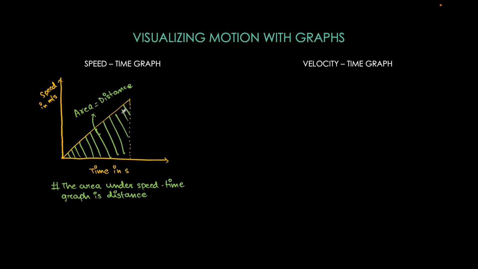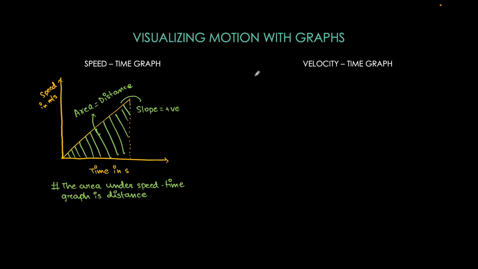Okay, and always remember the slope of a speed time graph is always positive. The reason being, both the distance and speed are scalar quantities, so they can't be negative, right? They only have magnitude. Now let us see the velocity time graph.